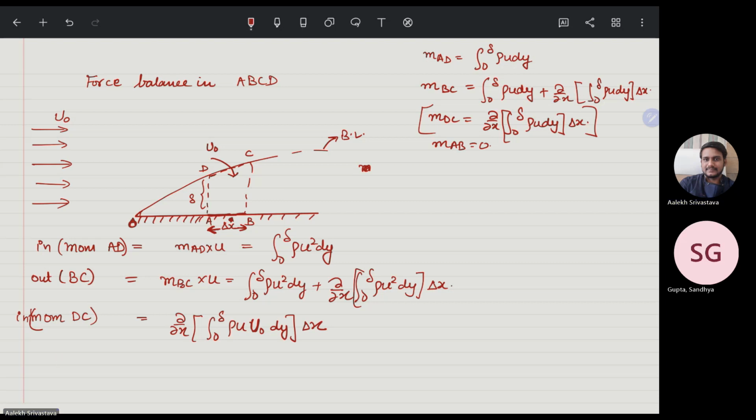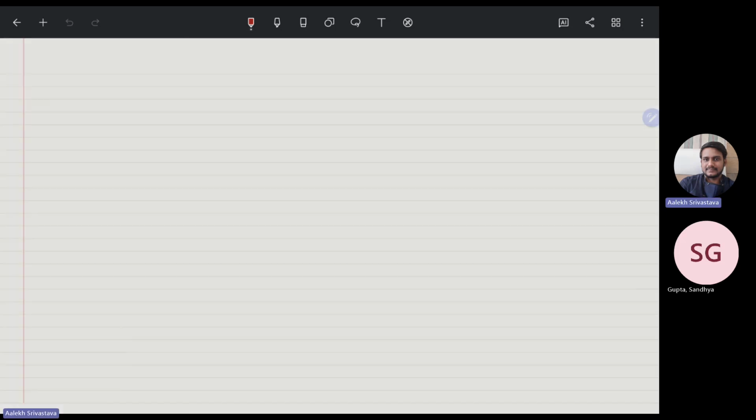If we apply what is called RTT in this equation, you will get sigma of force is equal to momentum out minus momentum in. So it is not mass, it is momentum. I should write it: momentum out minus momentum in.